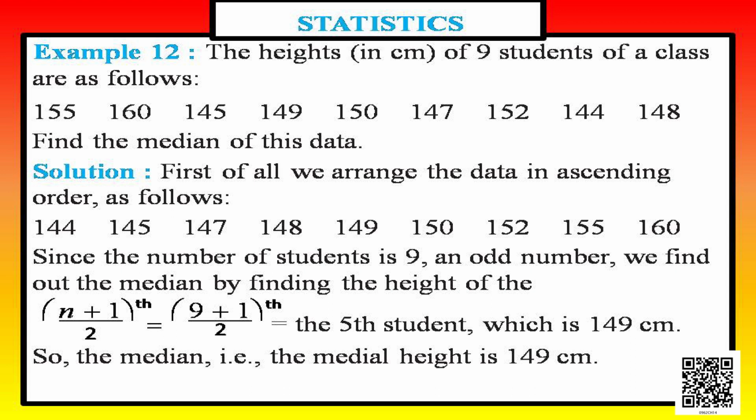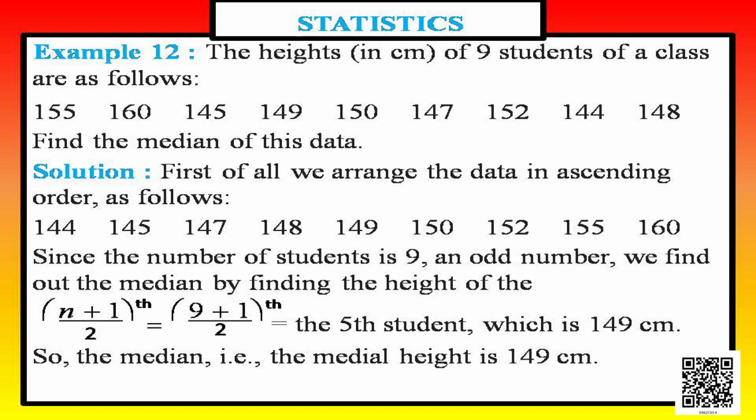Now, since the number of students is 9, an odd number, we find the median by finding the height of the (n plus 1) by 2th student. Here (9 plus 1) by 2, that is the 5th student, which is 149 centimeters. So, we can come to the conclusion that the median height is 149 centimeters.